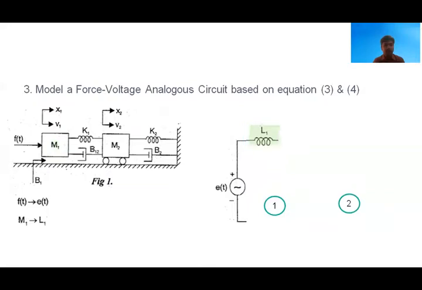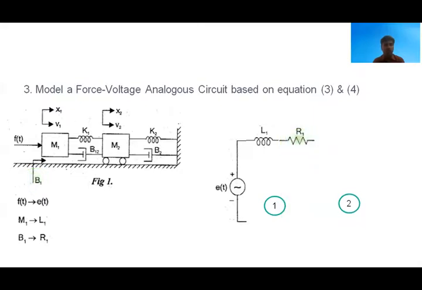And connect all these components common to loop 1 in series. The third component connected at node 1 in the translation system is B1, and it is analogous to the R1 resistor in the electrical model. Therefore, connect in series a resistor. Again, it is common to only loop 1.